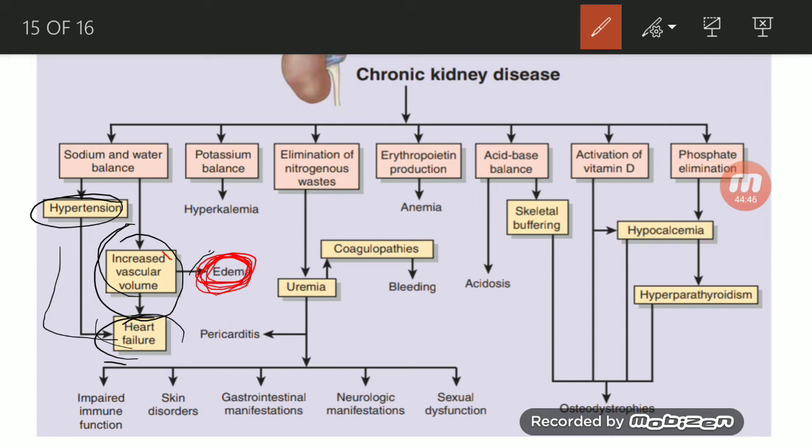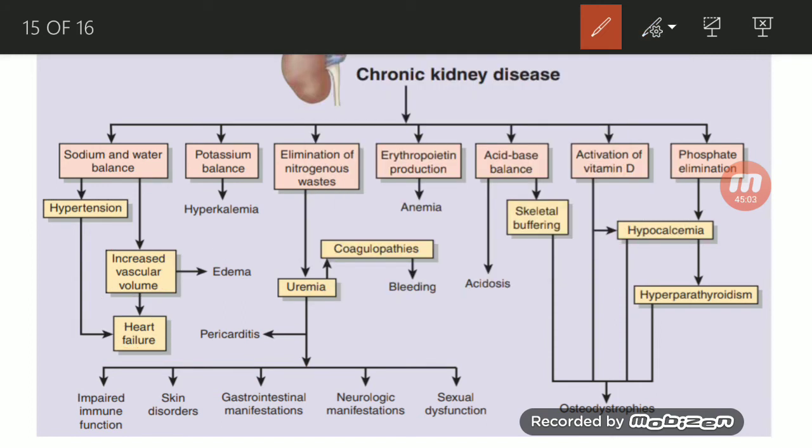If there is increased vascular volume, more blood is going to flow into your heart. If more blood flows into your heart, your preload is going to increase, as well as increased vascular volume will increase your afterload, which will lead to heart failure as well.